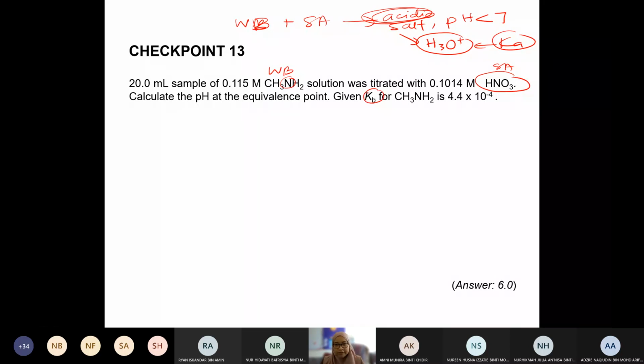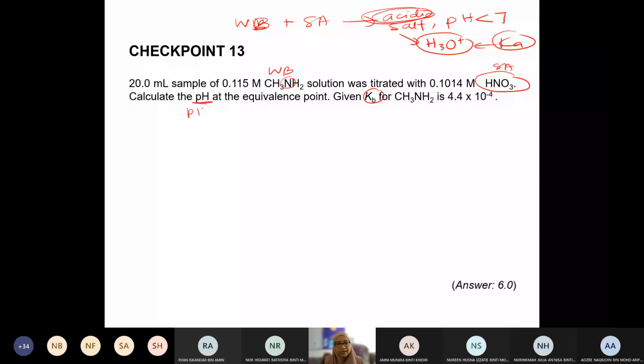So bila you nampak H3O+, then I need acid, not the base. But what is given to me is the base. I don't want this, but I need to use this to find the Ka. So that is why this strategy is very important. It gives you the brief idea on what to do next. It guides you. Once you have this H3O+, later on, remember you have to calculate the pH.